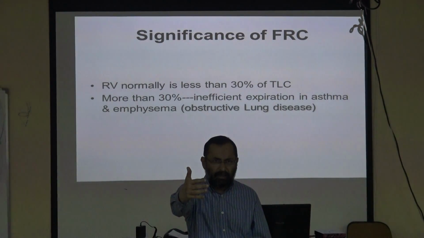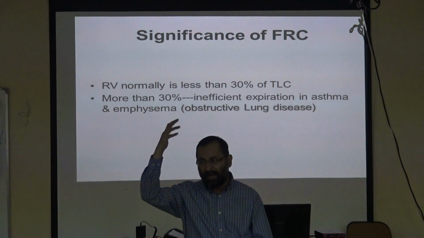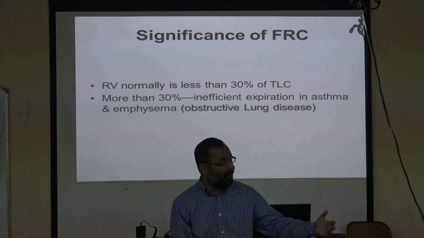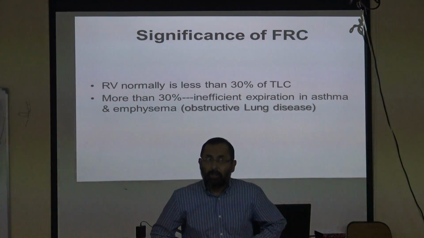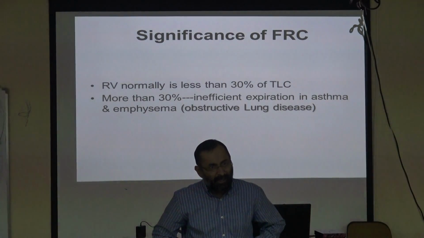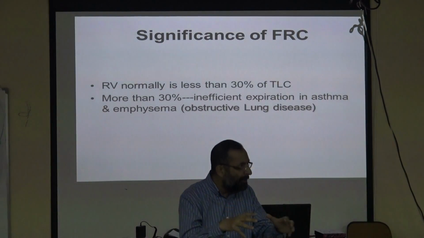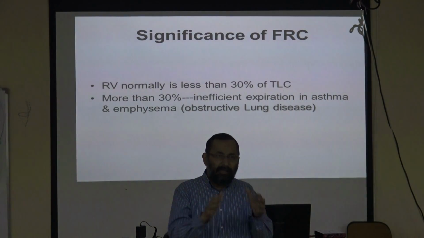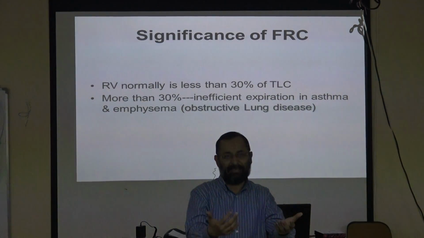Year after year, if you consider 5 years, 10 years, 15 years, 20 years of asthma or 20 years of COPD disease, what will happen to the residual volume of that person? Yeah. In chronic conditions, gradually there is air trapping. The air is trapped inside the lungs and their lung size will gradually increase because air is trapping inside. Okay?